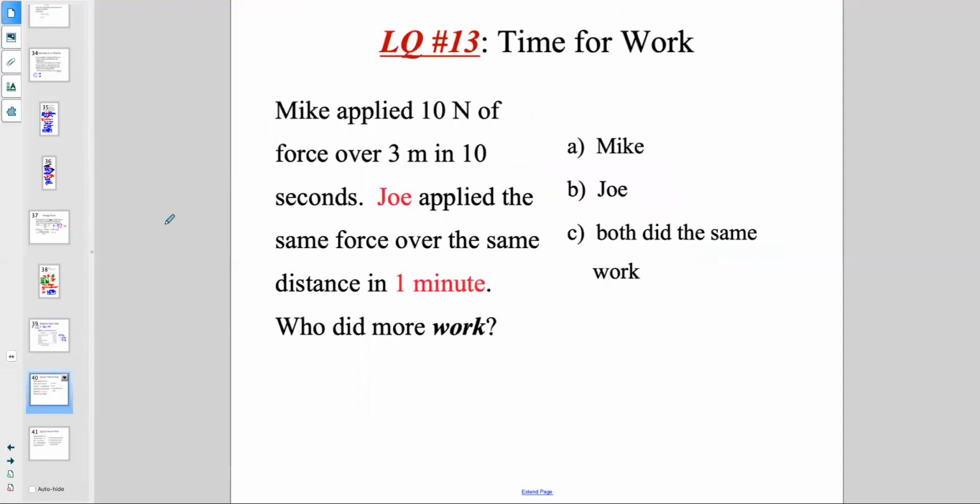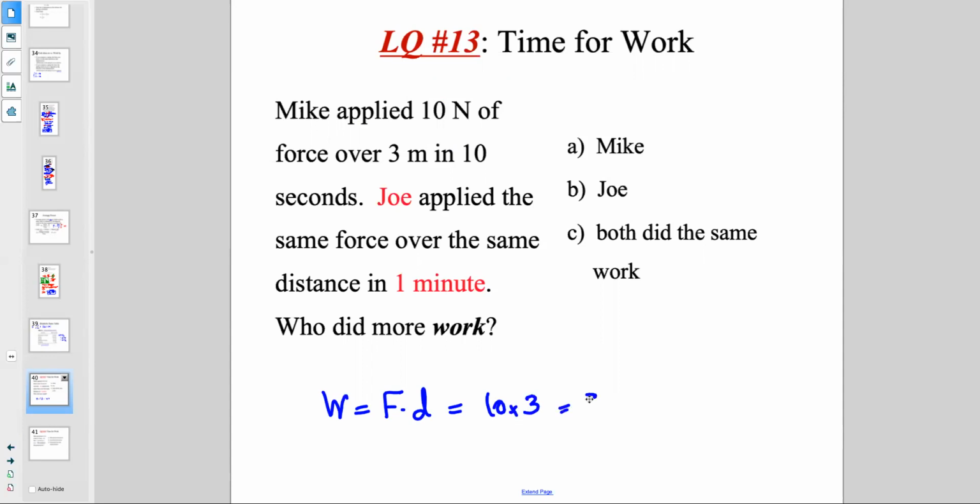Time for work. Mike applied 10 Newton of force over 3 meters in 10 seconds. Joey applied the same force over the same distance, 3 meters, in 1 minute. Who did more work? Let's see. F times D. F is 10 for both of them, and 3 meters is the same for both of them.